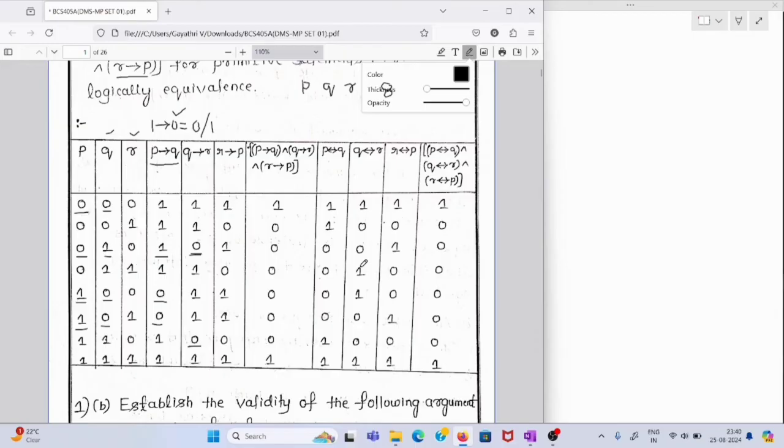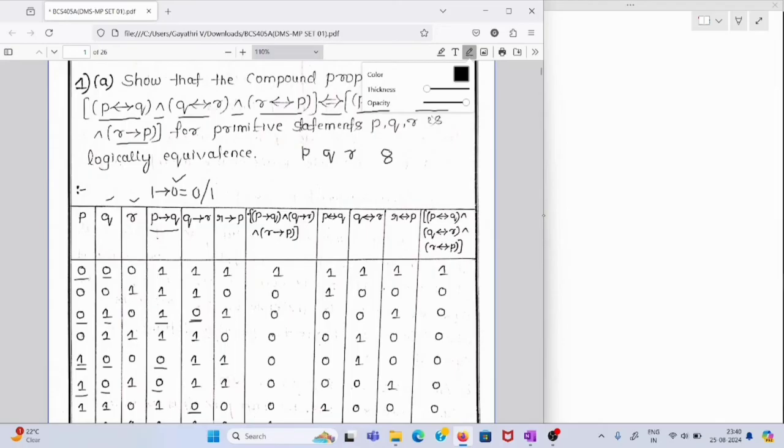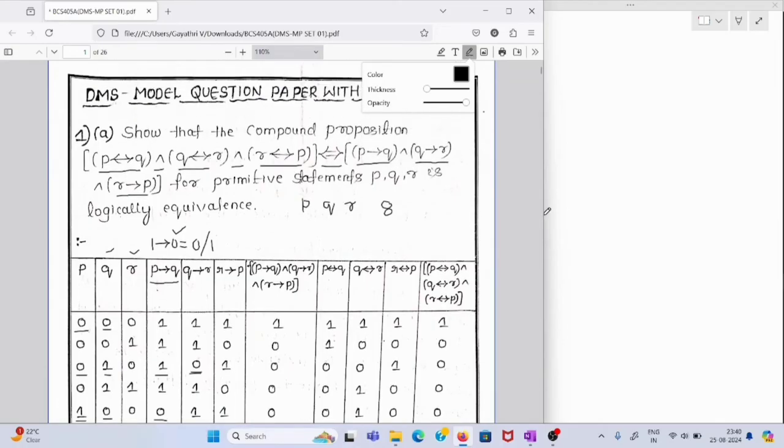And next, we are supposed to take the entire compound proposition: P conditional Q, conjunction with Q conditional R, conjunction with R conditional P. Conjunction means if I have 1 conjunction 1, then its truth value will be 1.